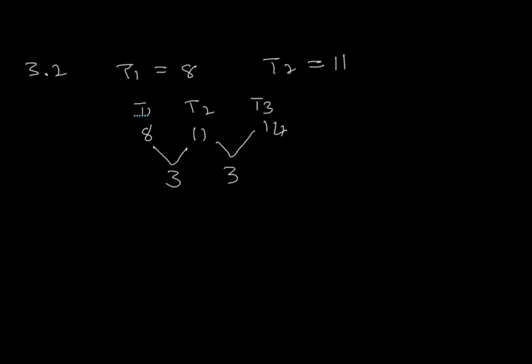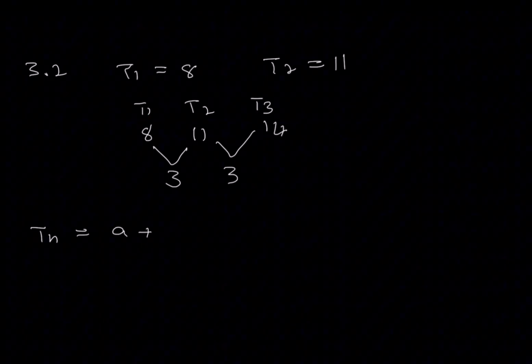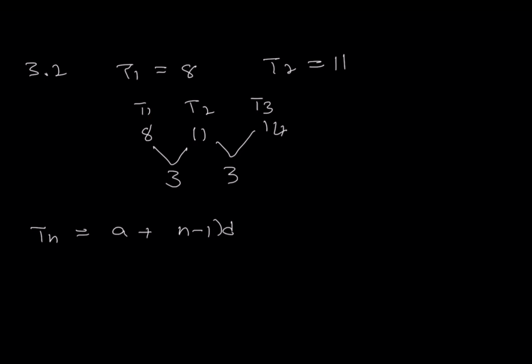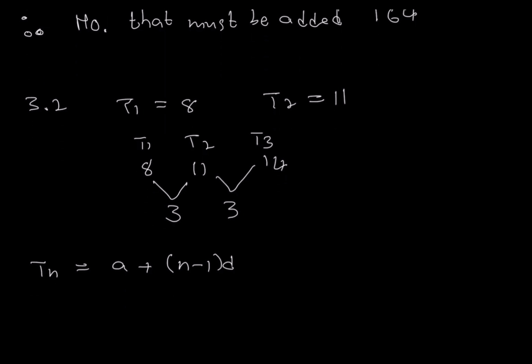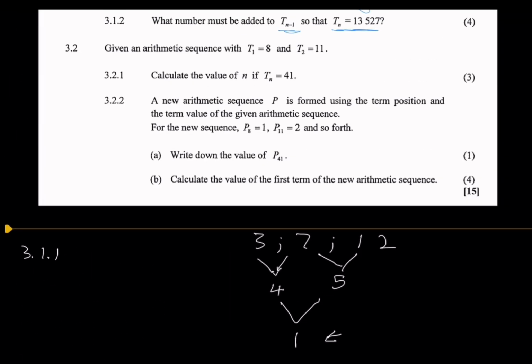Using the general formula, we know that Tn is equal to a plus (n minus 1)d. Since they want the term 41, was it 41?